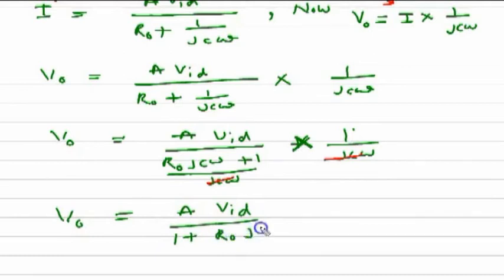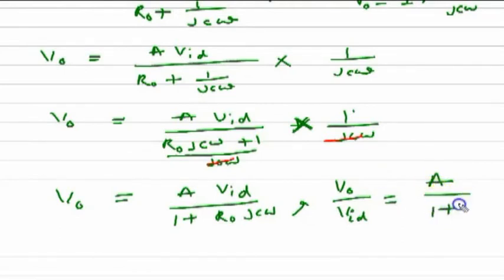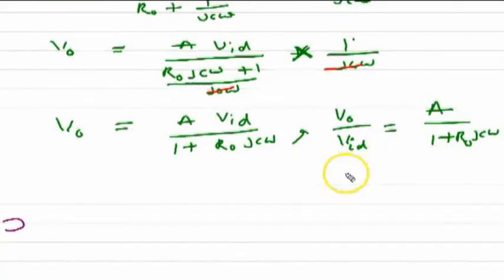Now keeping in mind that omega is 2 pi f, we are interested in finding V naught over VID. That becomes A over 1 plus R naught jC omega. Now V naught over VID is a gain, which is a function of the frequency.